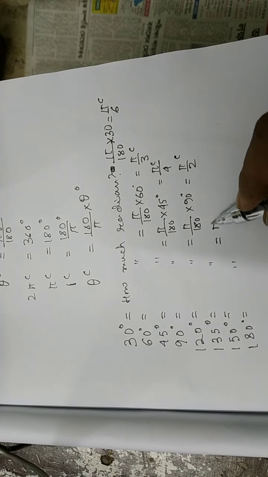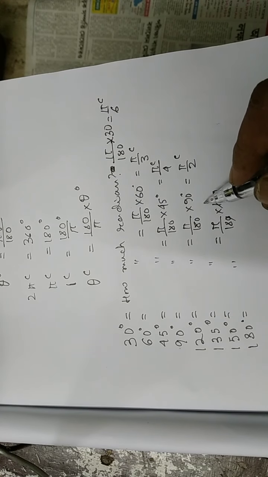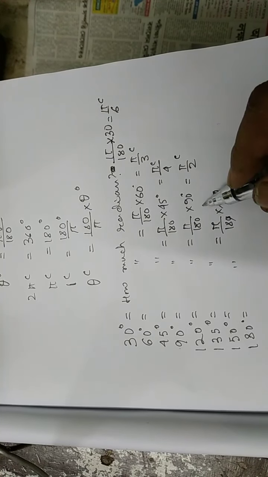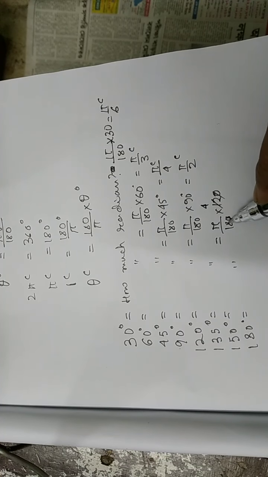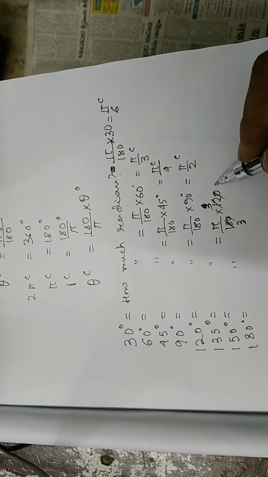120 degree, pi by 180 into 120, that is 2 pi by 3.